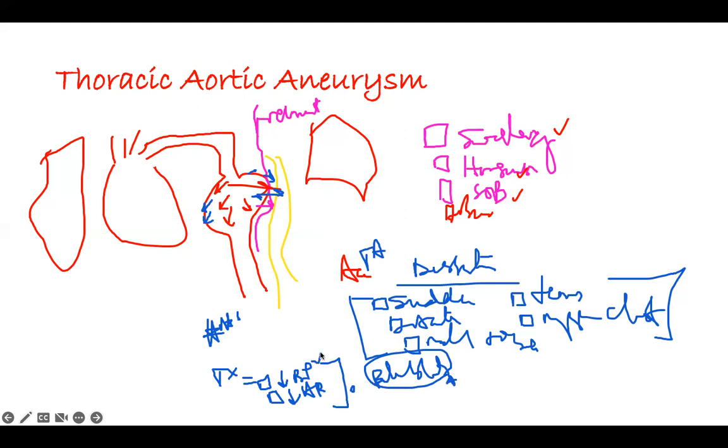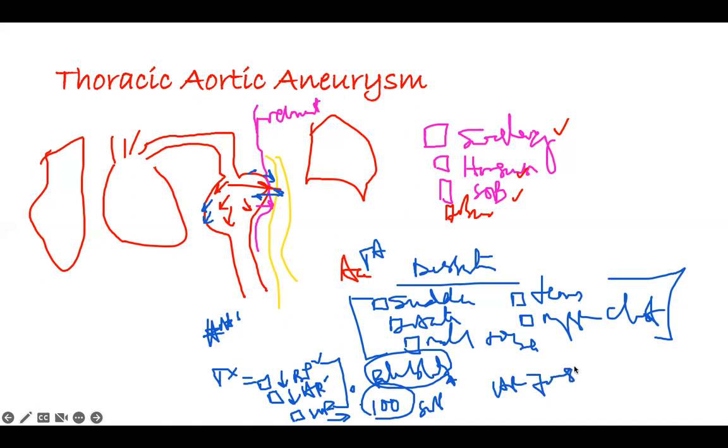You want to lower their blood pressure, you want to lower their heart rate. And then they may need some fluid, so they may need an IV fluid. But you don't want to make their blood pressure too high, otherwise they will leak out. So usually we want to keep systolic blood pressure around 100, and the heart rate in the 70s to 80s. Basically, you want to bring it down as much as you can.